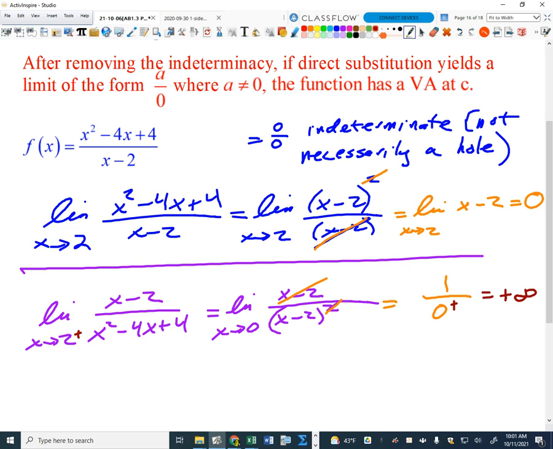You can't just assume that. You first have to resolve the indeterminacy and see what happens. If you actually get a number for your limit, yeah, then it's a hole. But when you resolve the indeterminacy, even though I started off with 0 over 0, I ended up with an asymptote. It can happen, right? You actually have to do that work before you can just make the assumption that it's a hole.